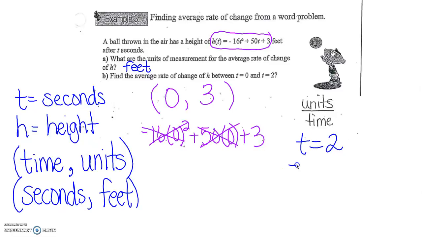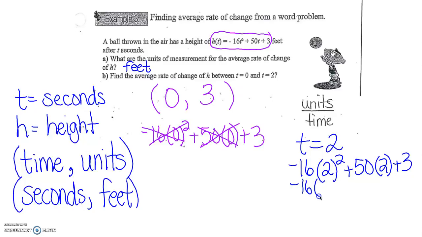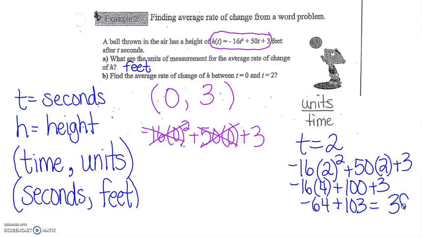So it's going to be negative 16 times 2 squared plus 50 times 2 plus 3. So this is negative 16 times 4 plus 100 plus 3. That's negative 64 plus 103. That gives us 39. So my second ordered pair, when t is 2, we get 39.